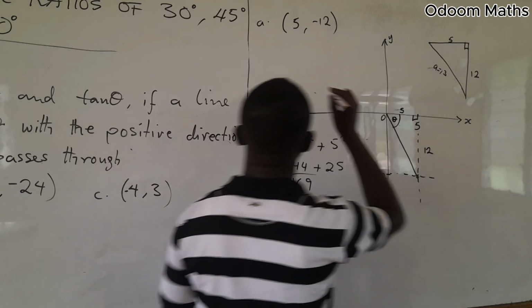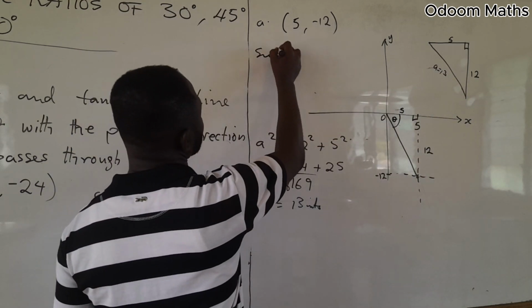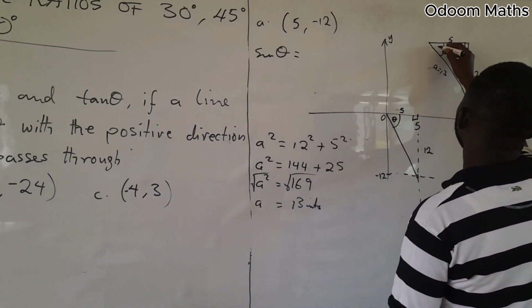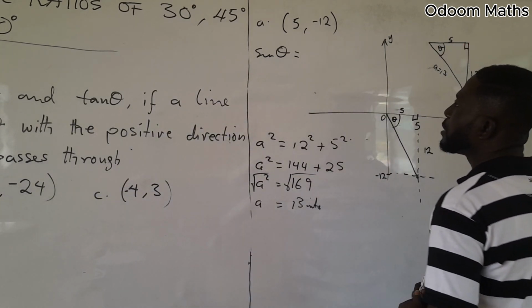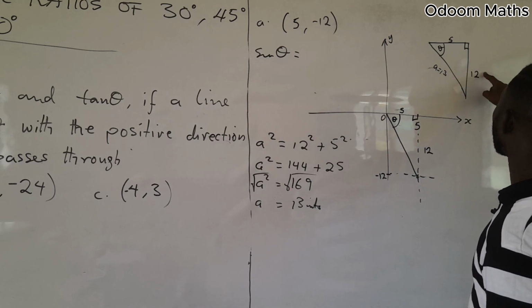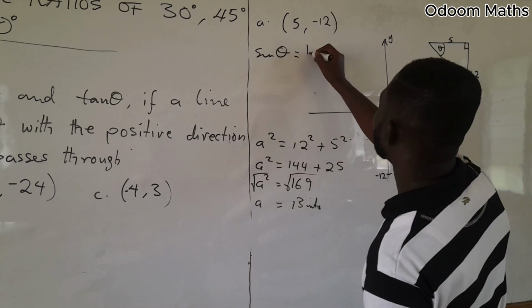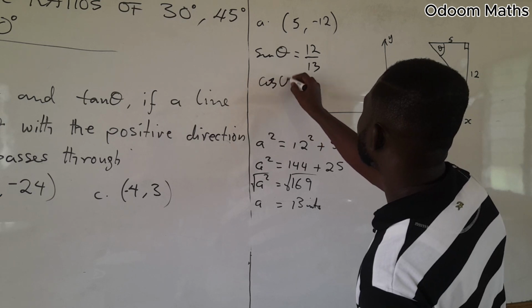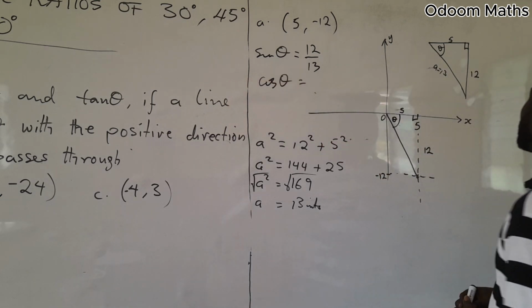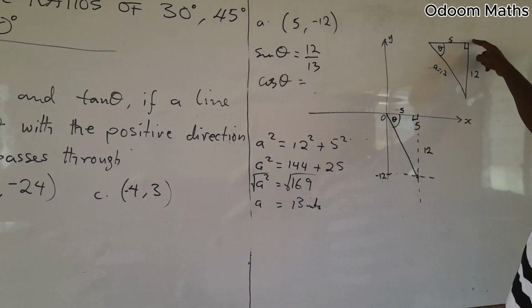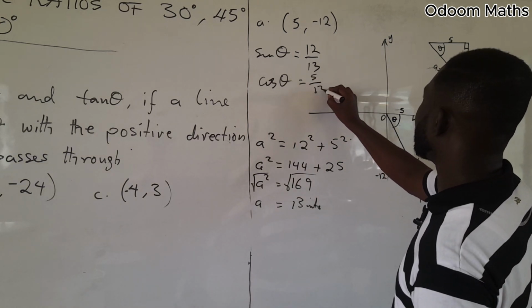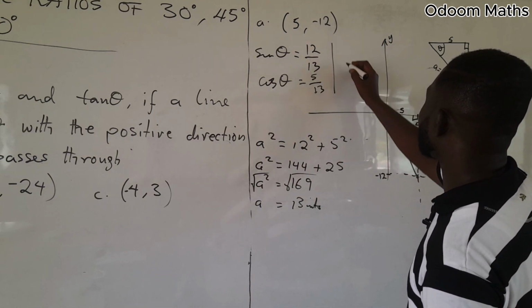Okay, so now my sine theta becomes, so this is theta. Sine is opposite over hypotenuse, which is 12 over 13. Now, cos theta is adjacent over hypotenuse, which is 5 over 13. Okay, let me put tan theta here.